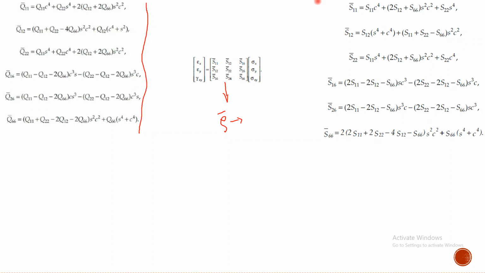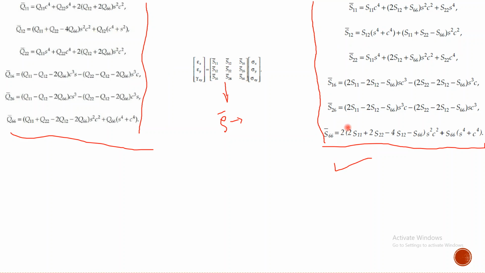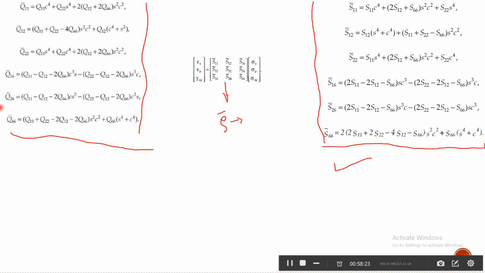I can represent it with S11, S12, and all those constants in this way, where here also it comes with C and S, where C is cos theta and S is sin theta. From this derivation you should remember either this or this. Among these two you have to remember one set of equations. Better you remember this equation, so that it will be useful to solve the next set of problems.